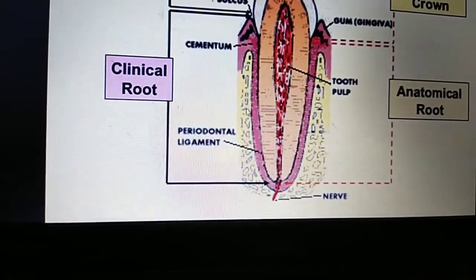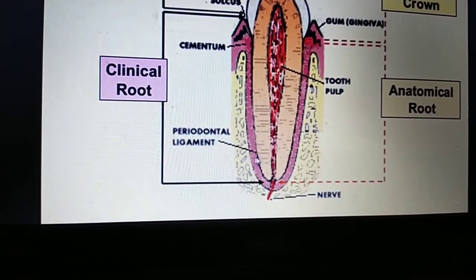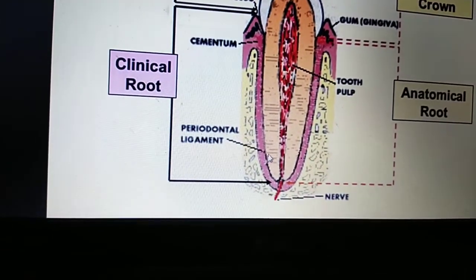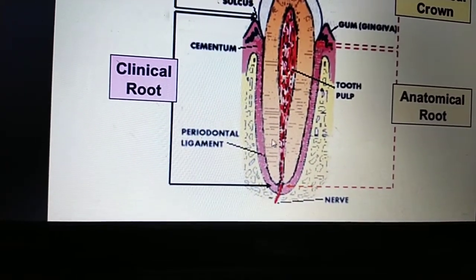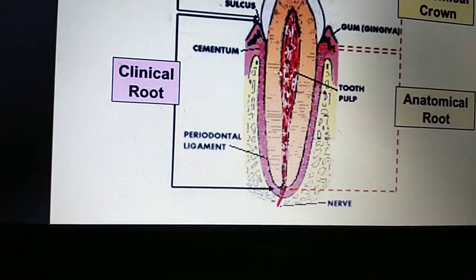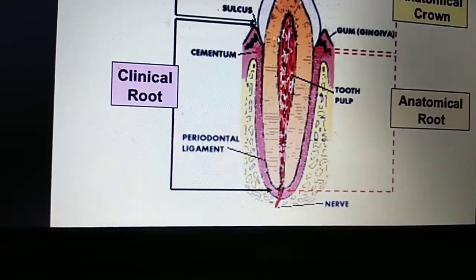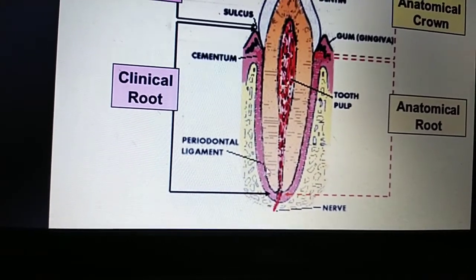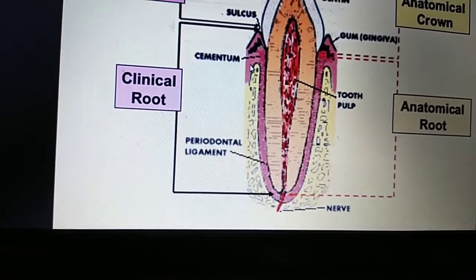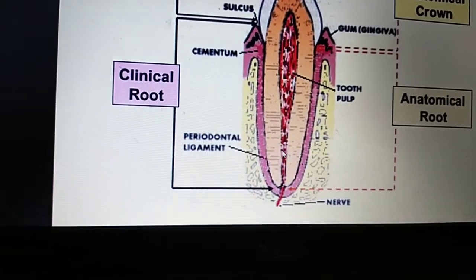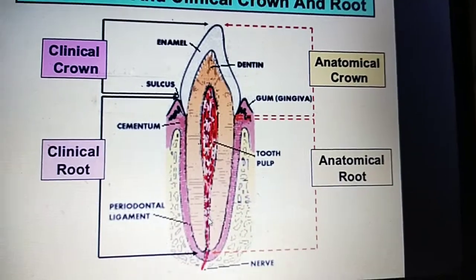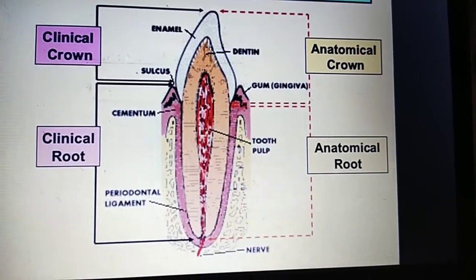This is the bone, the alveolar bone, and this is the attachment in between the cementum and the alveolar bone with fibers. Those fibers are called the periodontal ligament, and this is the cementum. These are important structures we can know in the tooth.